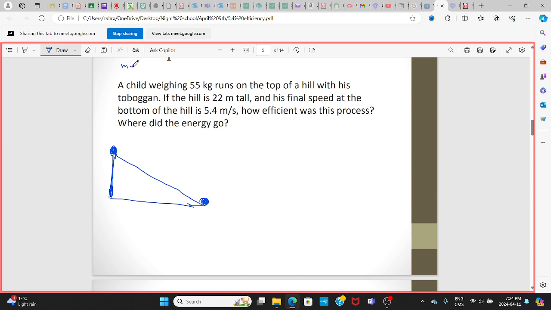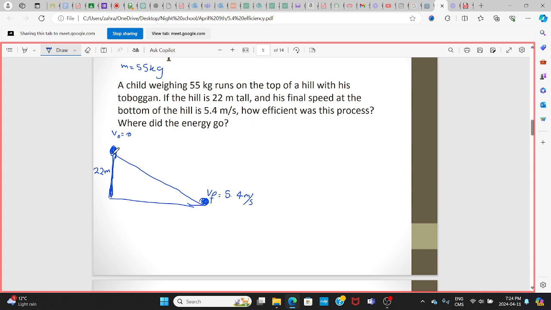The mass is given, 55 kilograms. The hill is 22 meters high. V0 is 0 here, and we have a final velocity of 5.4 meters per second.